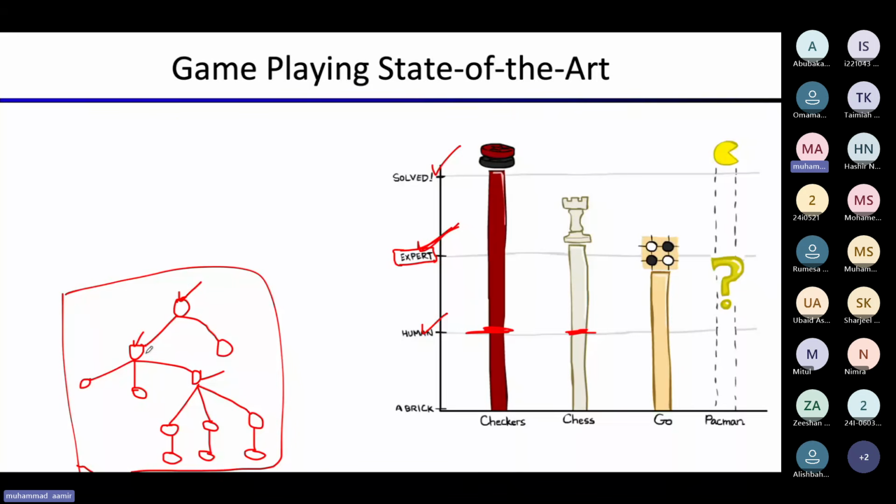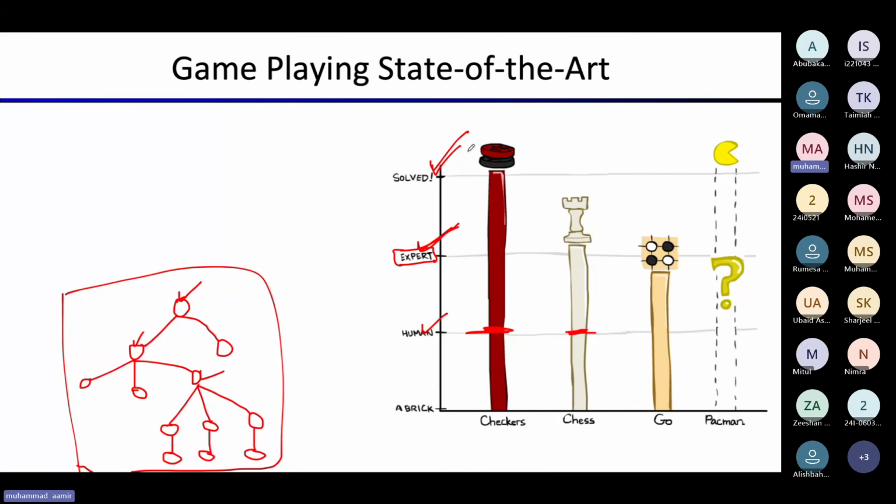But just imagine if this search tree is very big. If this search tree is very big, meaning it is computationally very expensive to store, then even a computer cannot store the complete tree, right? If any game has a small game tree, the computer can save the complete game tree, and before taking any single move, the computer will look at all of the next future possible moves. This is called solved.